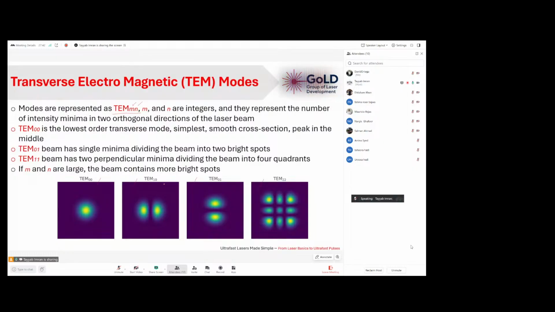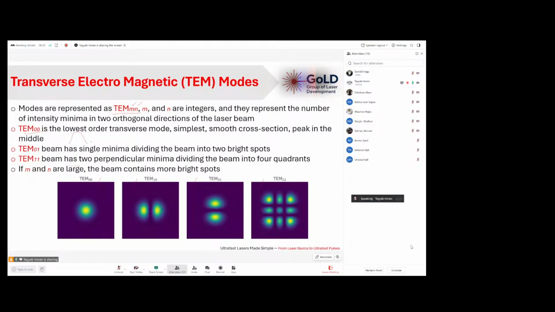For example, TEM 00 is the most ideal mode. It's the simplest and smoothest, with a very nice Gaussian shape if the cavity has only this mode.